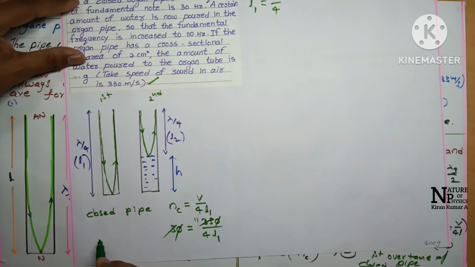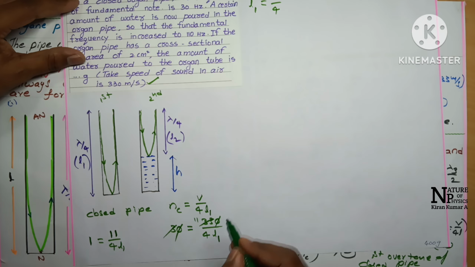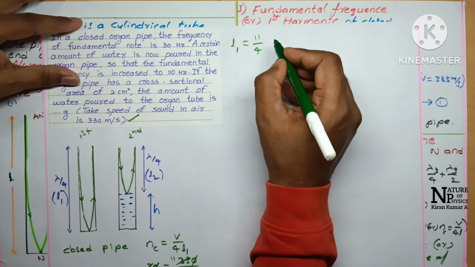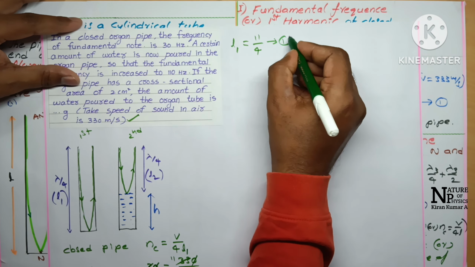Here I got 1 is equal to 11 divided by 4 L1. L1 is equal to 11 divided by 4, which is the first equation.